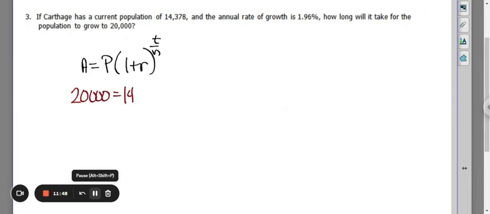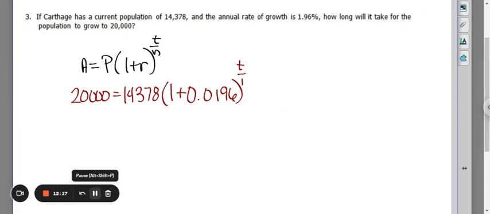It's already 14,378. We have the rate of growth and annual interest rate. So this one, again, we're trying to find t.